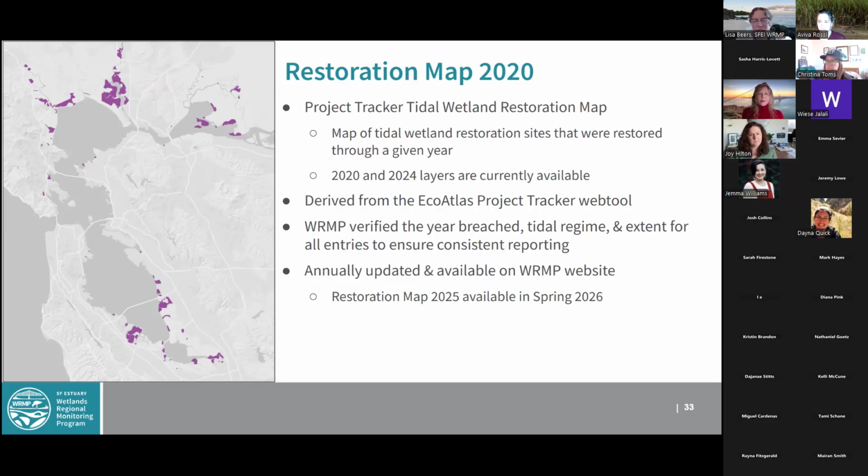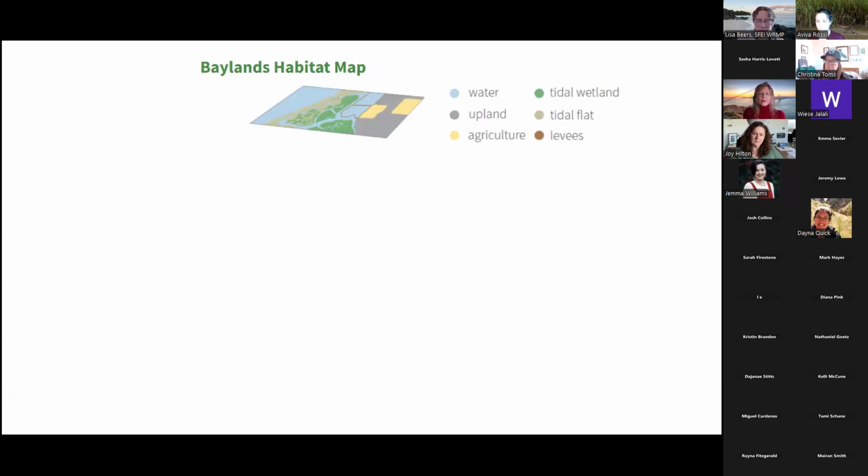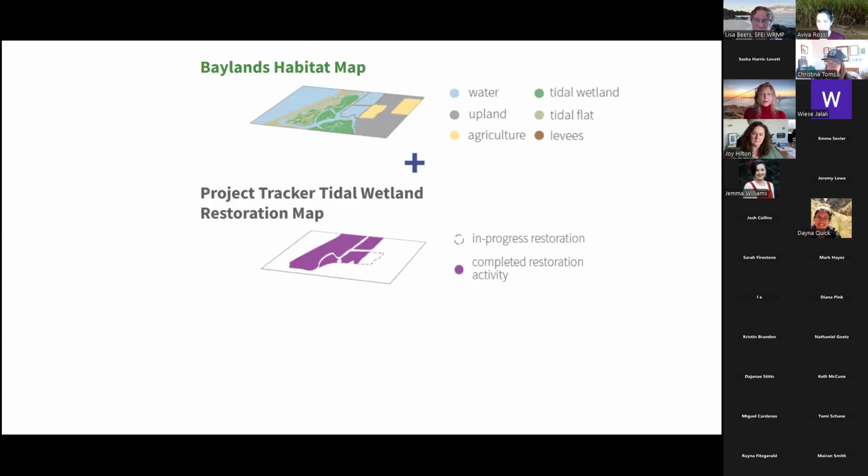In the process of developing both the BHM and the Restoration Map 2020, we wanted to find a way of consistently describing typologies for our tidal wetland sites in the estuary. So we developed a process, which we called the protocol, which includes the Baylands Habitat Map, where you have the locations and your habitat classes. It combines this with our restoration sites.